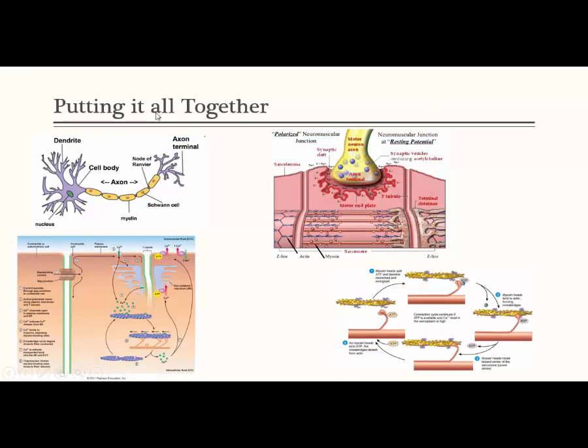Okay, so here we have our cell body with dendrites that are receiving messages, with an axon which is sending messages, with terminal axons that are attached at the neuromuscular junction that are releasing synaptic vesicles containing acetylcholine when the action potential reaches the terminal axon.